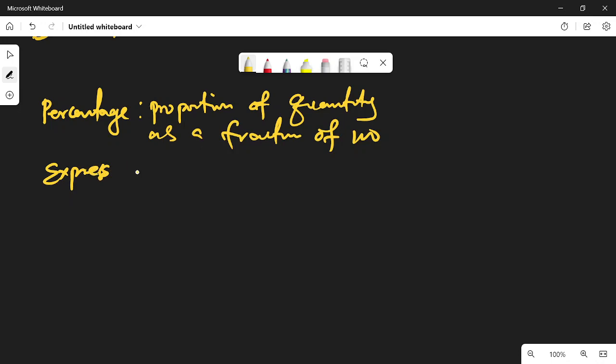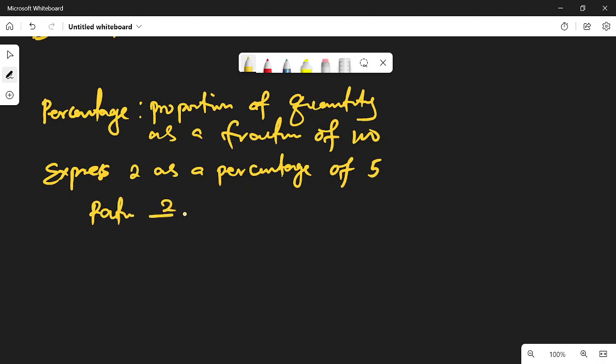So let me say express. If the question says express 2 as a percentage of 5, what it simply means is that 2 ratio 5, that is 2 divided by 5, multiplied by 100 over 1.